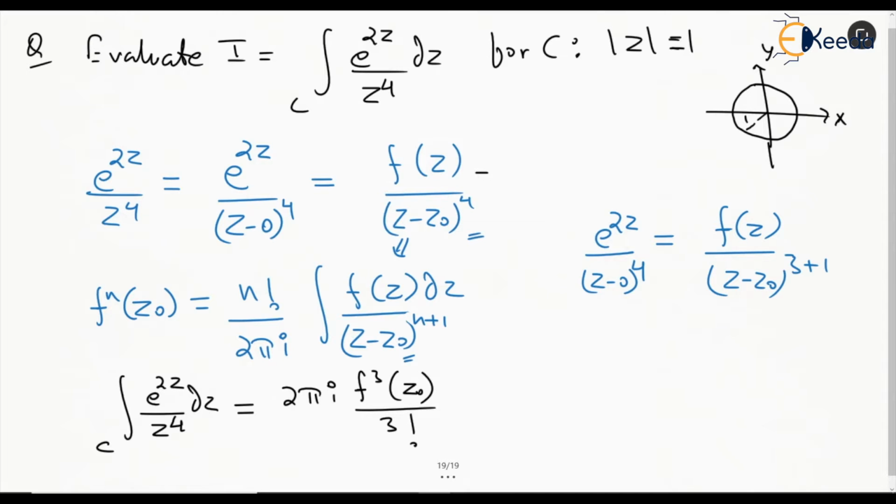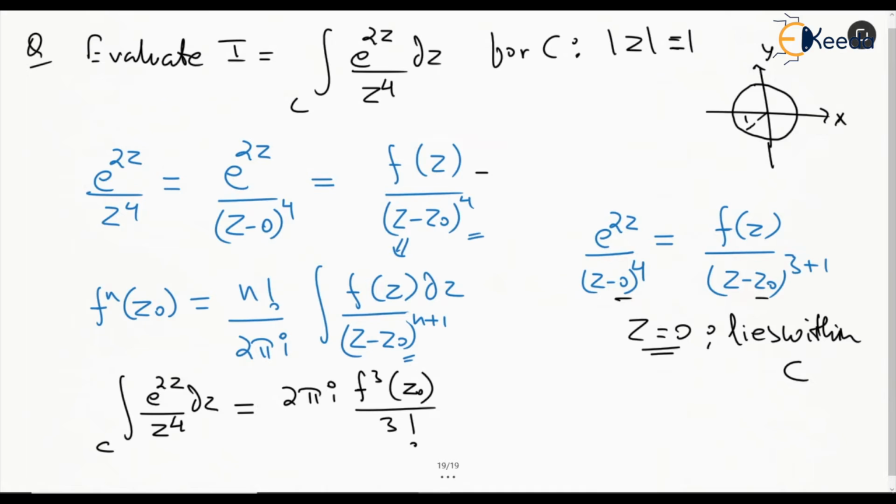Fine. So we have to find the third derivative and then we have to put z equal to 0. We can compare the coefficient and see that z equal to 0, and of course this lies within C. C is a circle of radius 1 centered at origin.